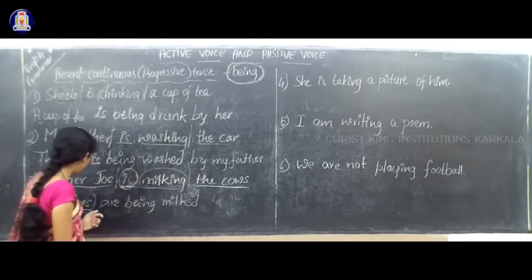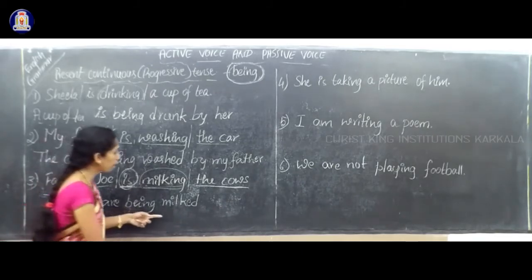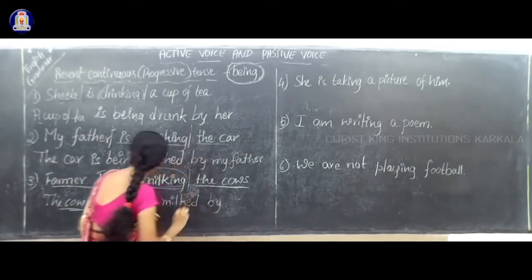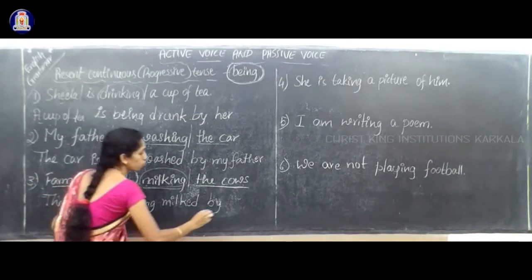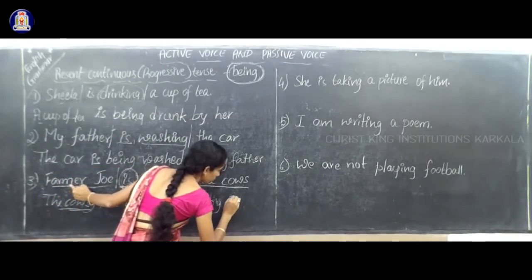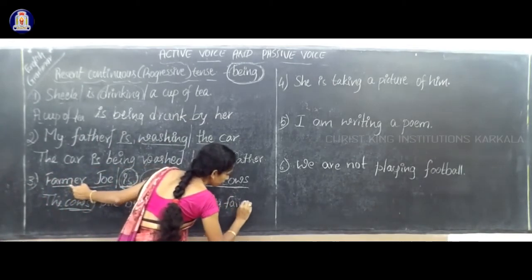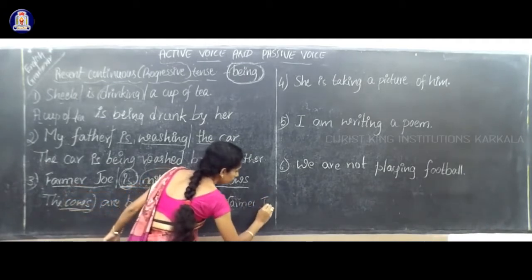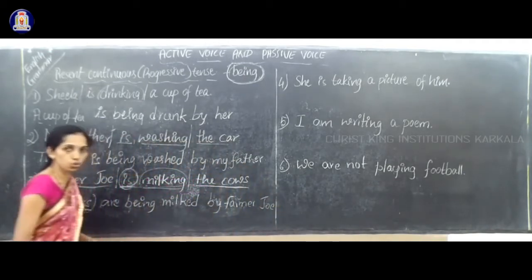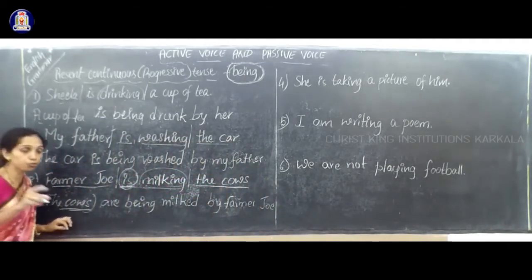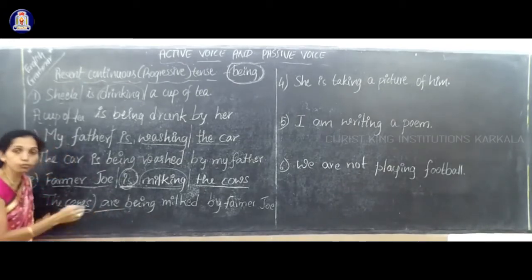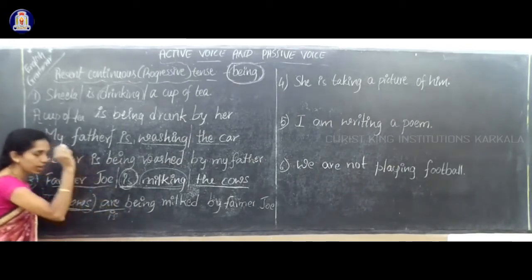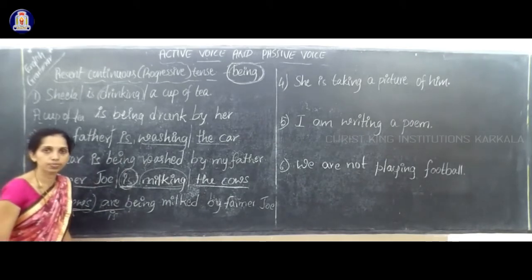The cows are being milked by who? Farmer Joe. So you should be very careful here in this place. If you write here is, your answer is wrong. You will lose 1 mark.